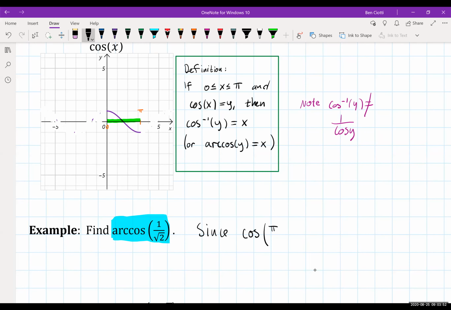Since cosine of pi over 4 equals 1 over square root of 2, and pi over 4 is inside that interval of 0 to pi, arc cos of 1 over root 2 is equal to pi over 4.